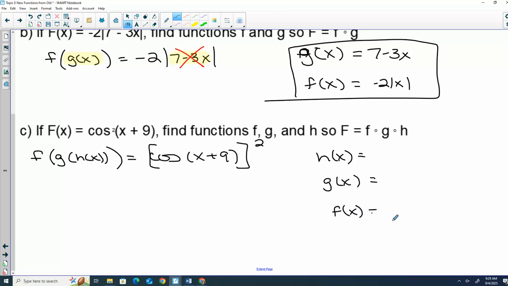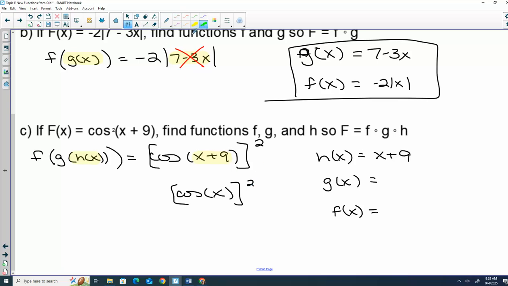H is the very inside. If I plug in a number for x, what is the first thing I'm going to do? X plus 9. So H is my x plus 9. Right, so if we're undoing that, we are replacing that x plus 9 with just an x. So think of it as cosine of x squared currently.